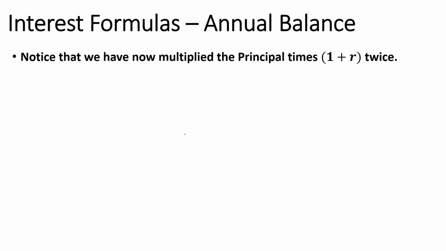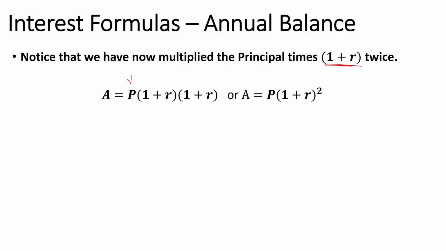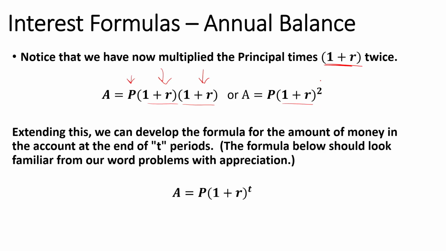Notice that we've now multiplied the principal times 1 plus r twice. That's important because we've multiplied the principal times 1 plus r times 1 plus r. Well, we could rewrite the 1 plus r times 1 plus r as 1 plus r squared. Extending this, we developed the formula for the amount of money in the account at the end of t periods.